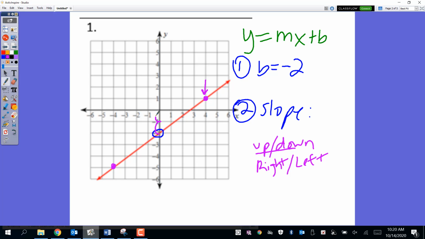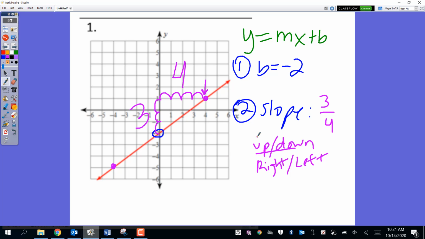We're going 1, 2, 3. So I'm going to put 3 on my graph. And then 1, 2, 3, 4. I'm going to write that in a fraction over here. I'm going to put 3 in the top because that was my up, down number, and 4 in the bottom because that was my right, left number.